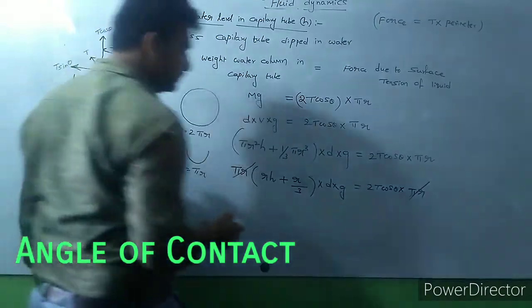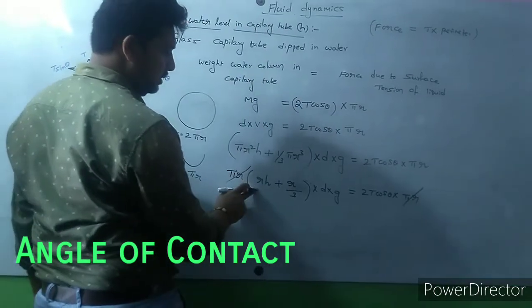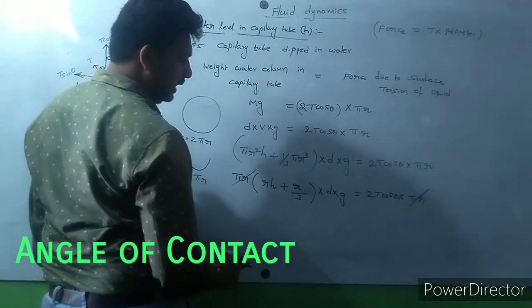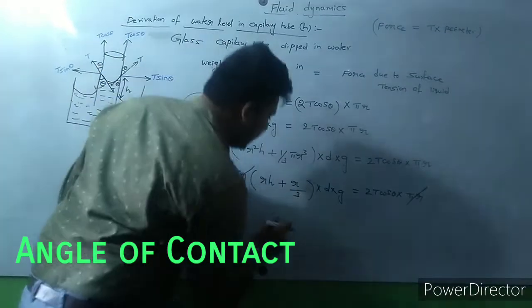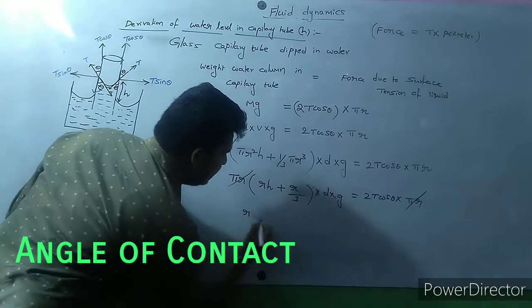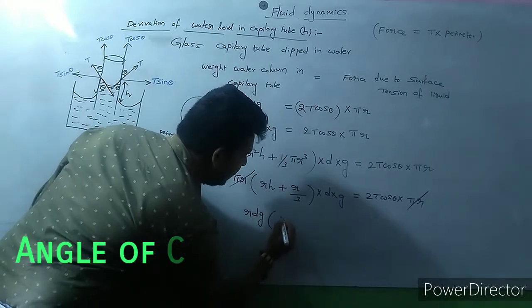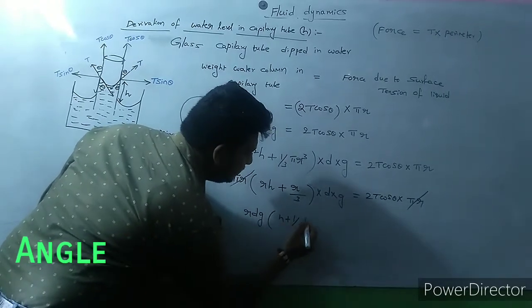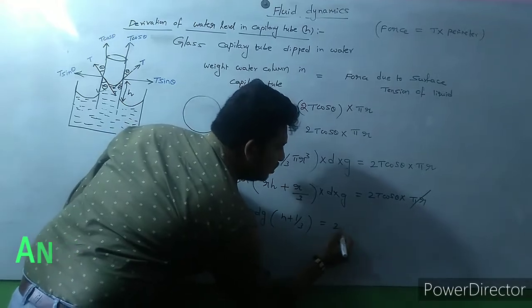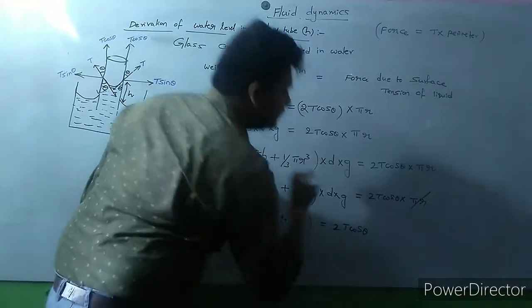So finally, we want the h value. From this, r is taken as common: r into d into g into h plus 1 by 3 is equal to 2T cos theta.